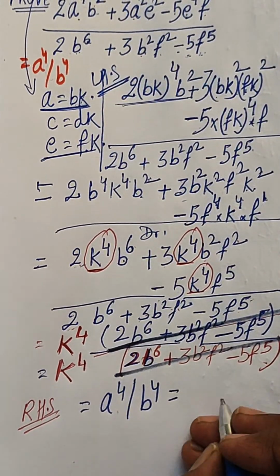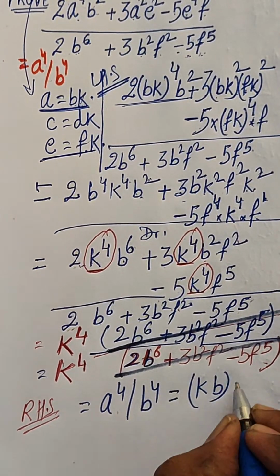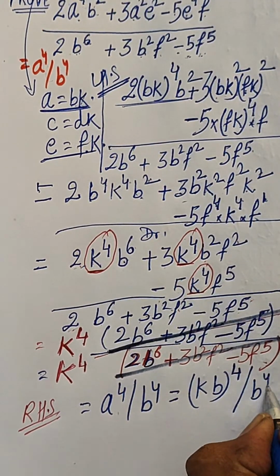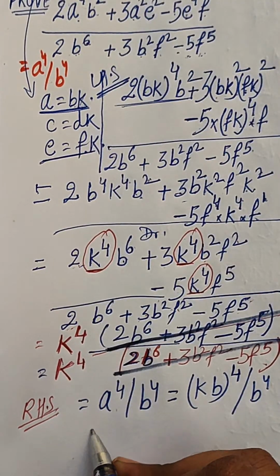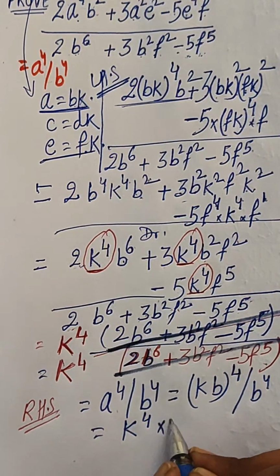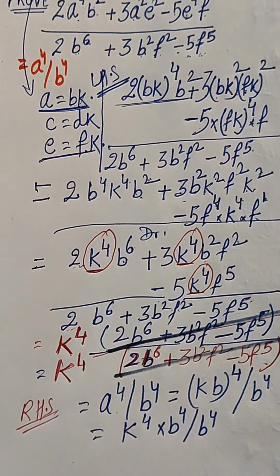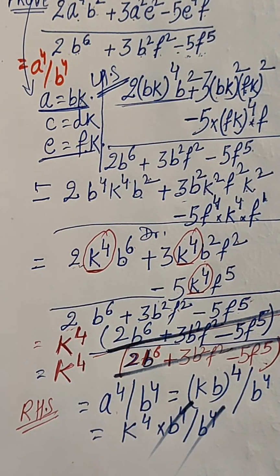So here k times b will be replaced for a, and power is 4 divided by b4, right? So here you can see this will give you k power 4 into b power 4 divided by b power 4. Here also the b4 and b4 will be cancelled out, and we are left with what?